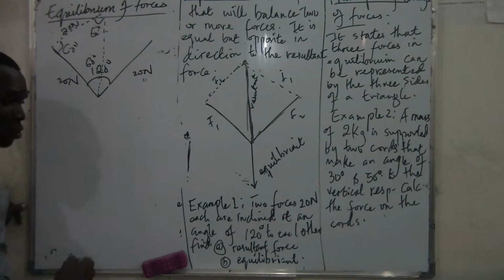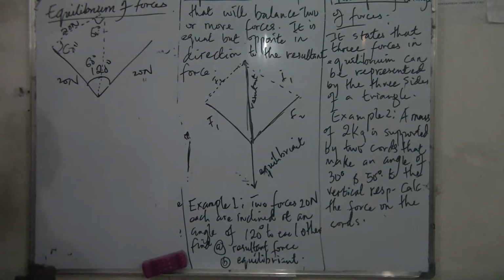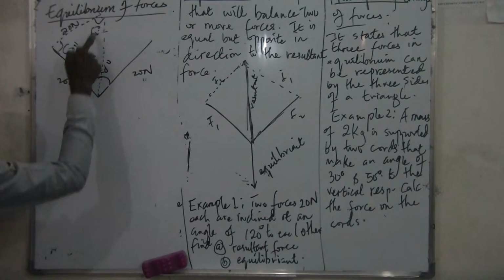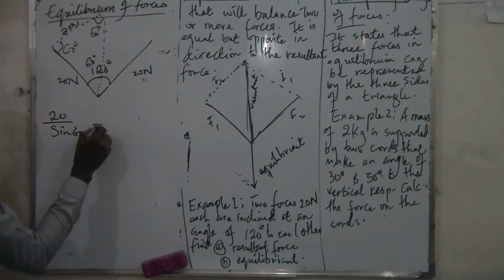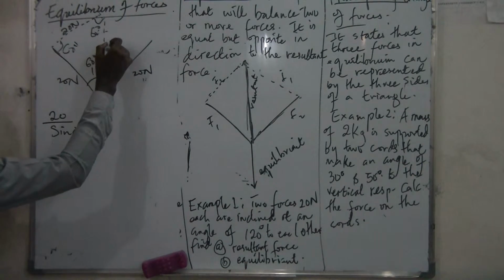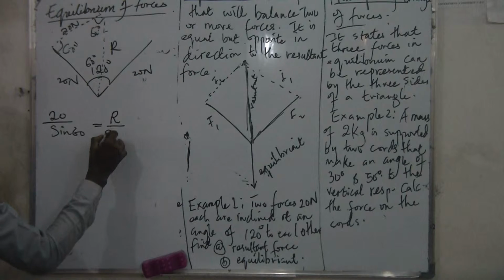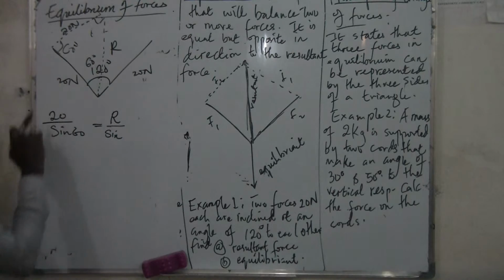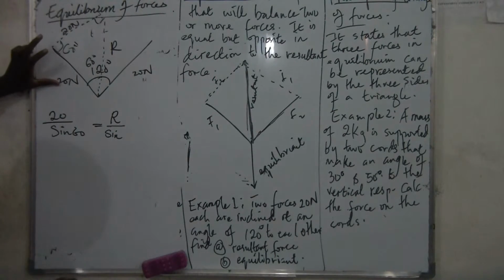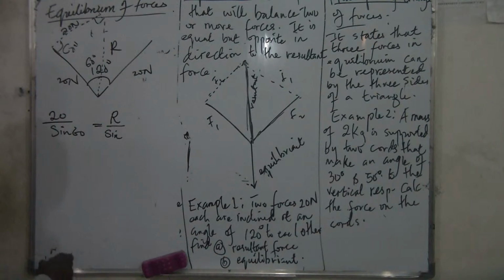Right. So if the angles are 60 degrees each, from our sine rule, we can say 20 over sine 60 is equal to R over sine of this angle. Let's call the resultant force R. Do you understand the simple idea here?